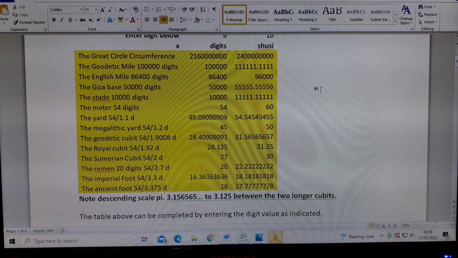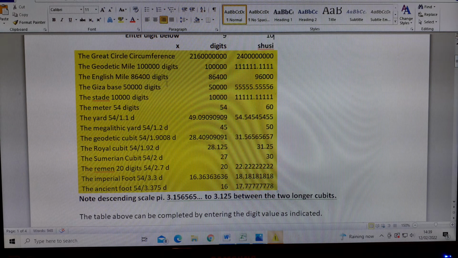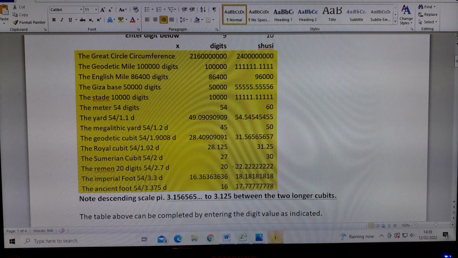So we can go down the two columns, and the Giza base is 50,000 digits, which is 55555 recurring of Shusey. And we can see here we've got two incredibly important units lying right next to each other in Berriman's table. And because we know there are 50,000 digits in the Giza base, we can work out how many meters are in the Giza base, how many yards, how many megalithic yards, how many geodetic cubits, how many royal cubits, how many Sumerian cubits, how many Berriman, how many imperial feet, and how many ancient feet.